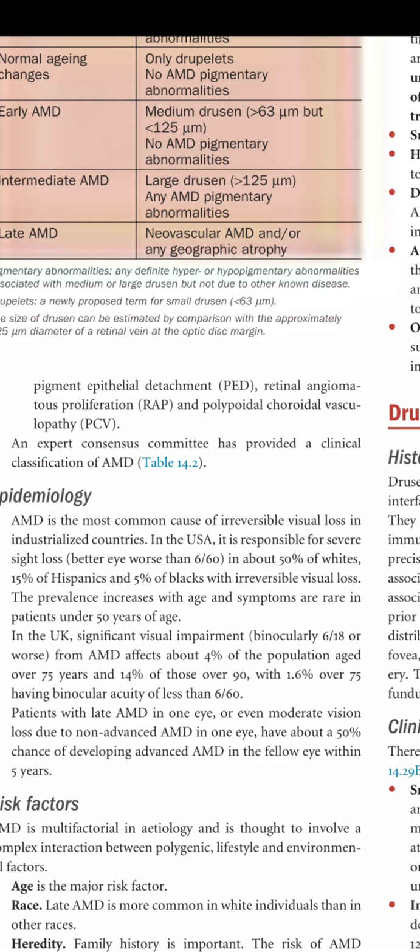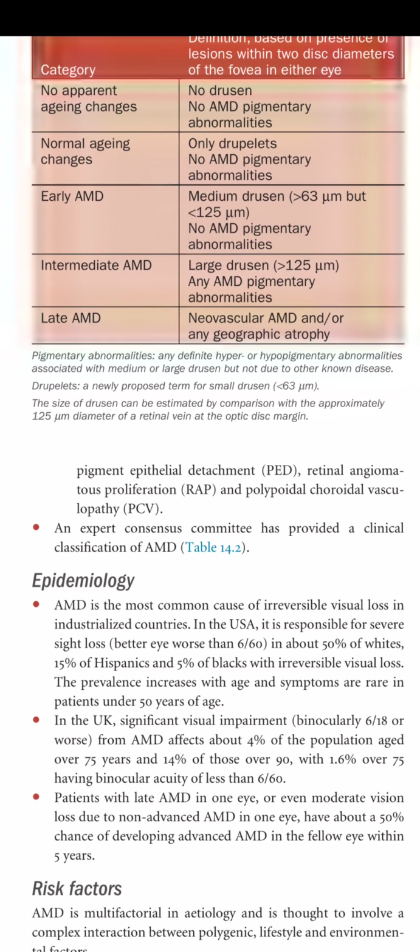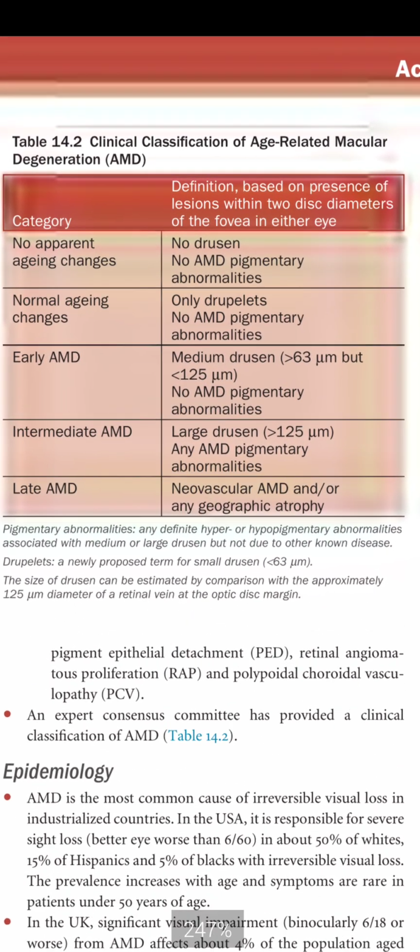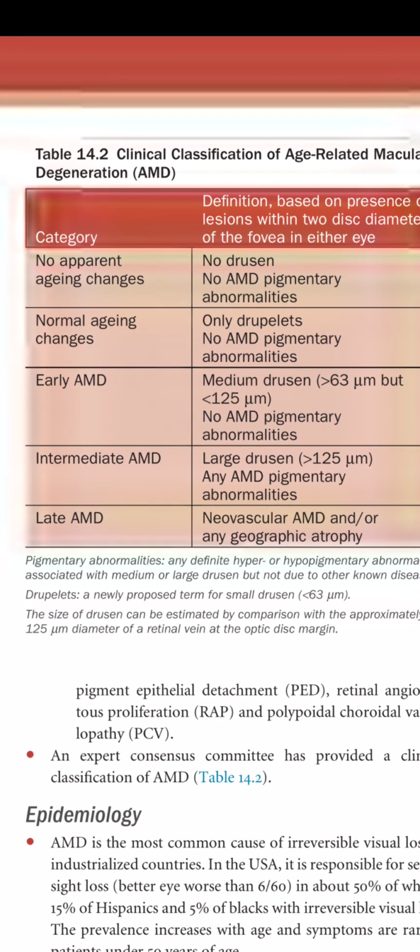An expert consensus committee has provided a clinical classification of AMD. So let's see figure 14.2. Category 1 is showing us no apparent aging changes. It consists of no drusen and no AMD pigmentary abnormalities. Normal aging changes: only drupelets, no AMD pigmentary abnormalities.